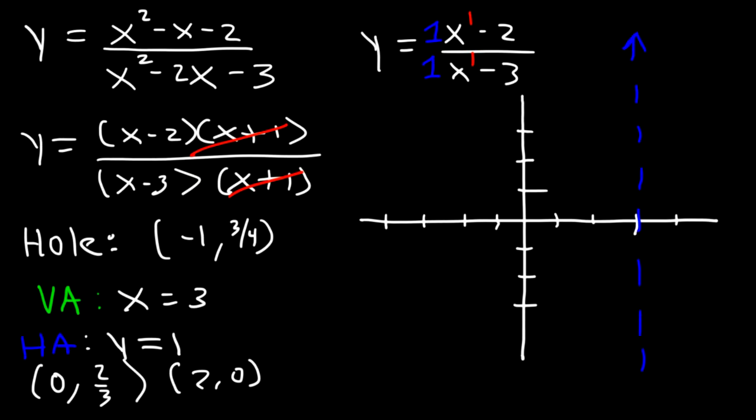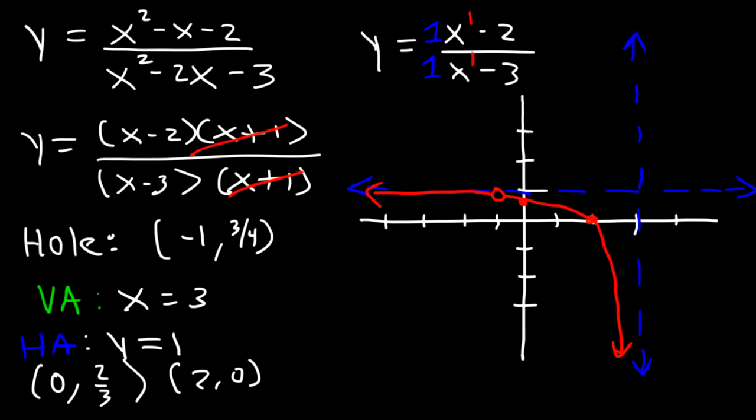And we have a horizontal asymptote at y equals 1. And we have the point 0, 2 over 3, which is here. That's the y-intercept. And also 2, 0. And we have a hole at negative 1, 3/4. So we can see that the graph is going to look something like this.